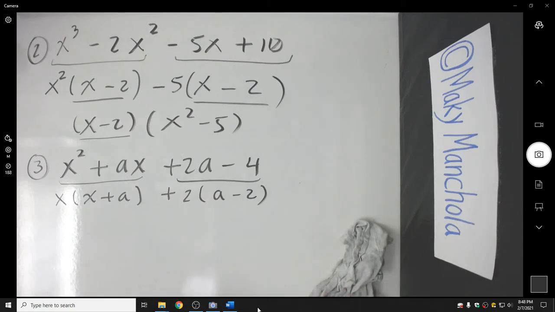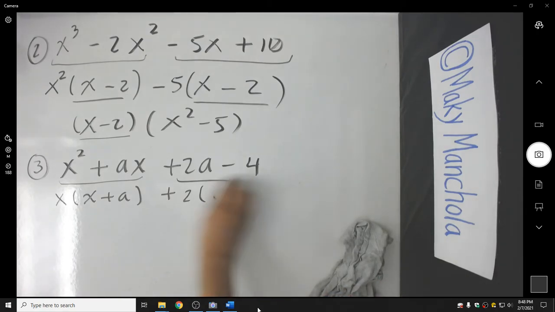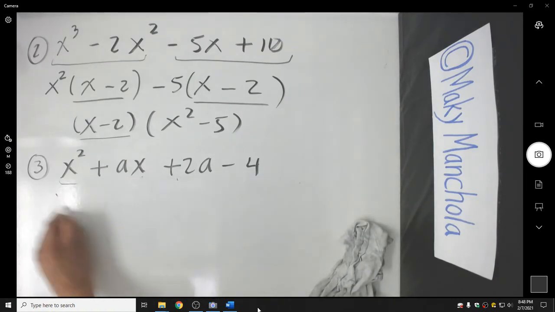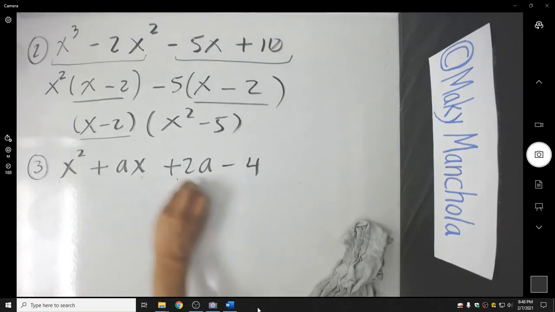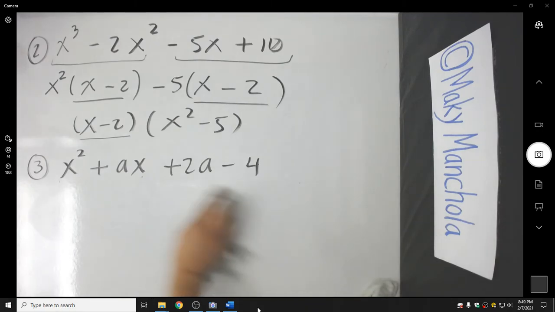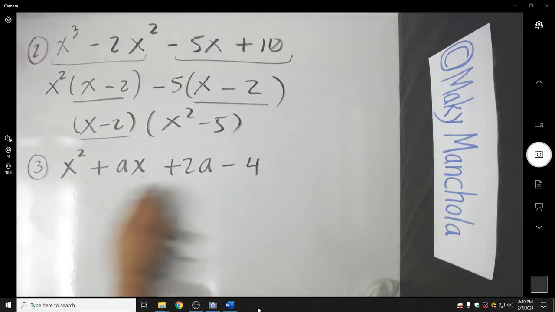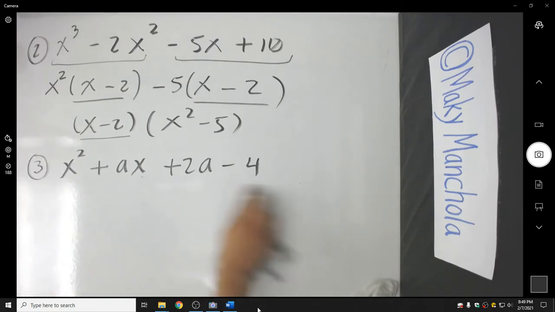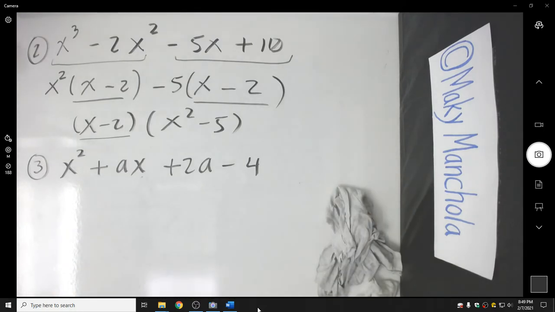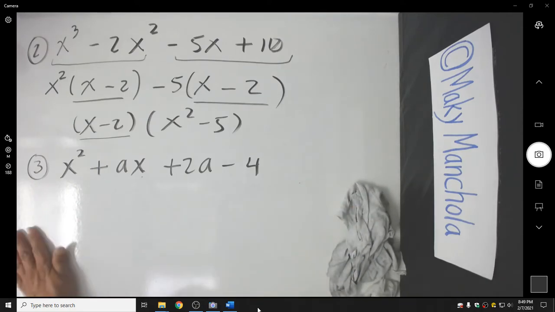So what does that mean? What can we do about it? Does it factor or could it be prime? Let me suggest that if I were to make some rearrangement here, I could possibly get two different groups which after factored gives a common factor.